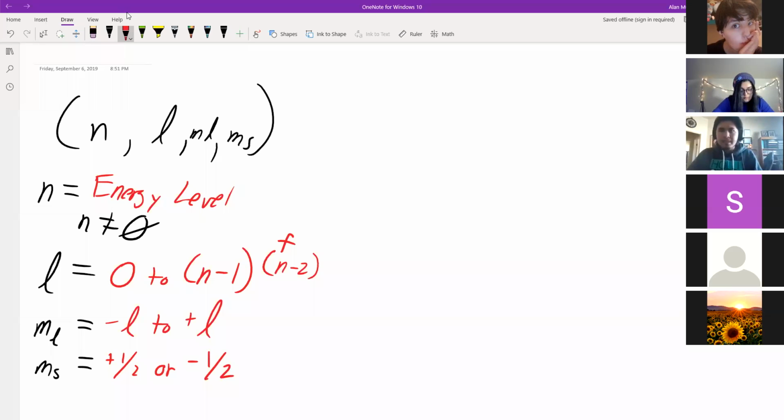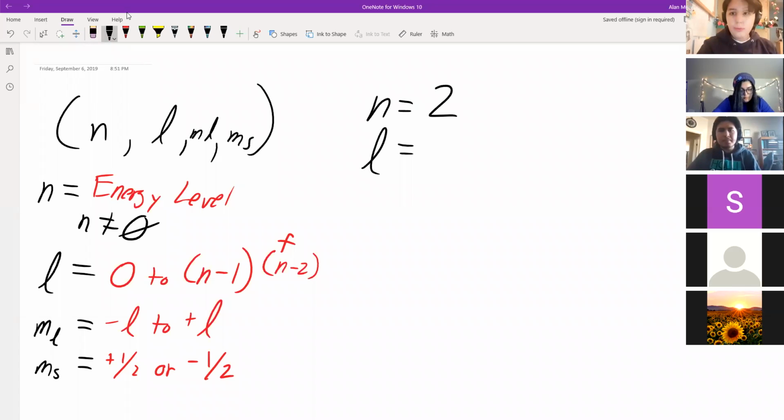So let's take an example. Let's say n is equal to 2. What are my possible ranges for l? From 1 to 7.